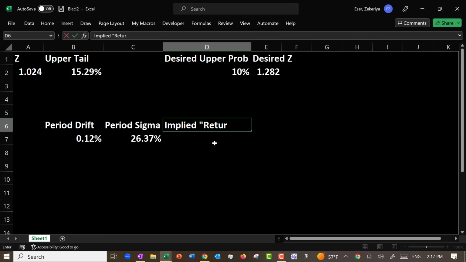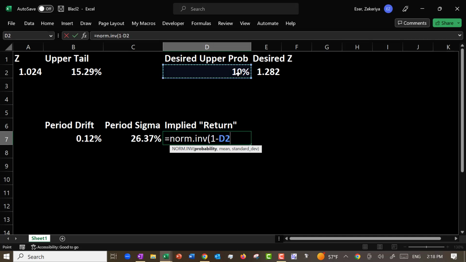Implied return. That's the return if that strike price happens. NORM.INV, probability 1 minus the number you want, the mean and standard deviation.